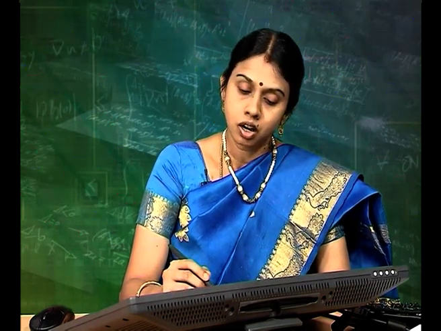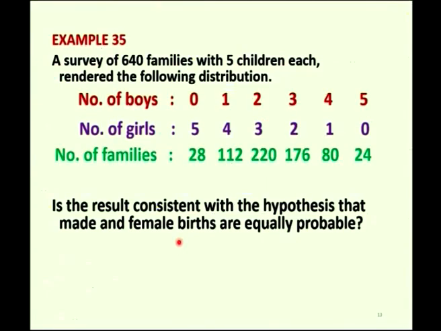Here it is not specifically given to fit the binomial distribution and test the goodness of fit. Here you are asked to verify whether male and female births are equally probable. Equal probability occurs with the kind of binomial distribution.